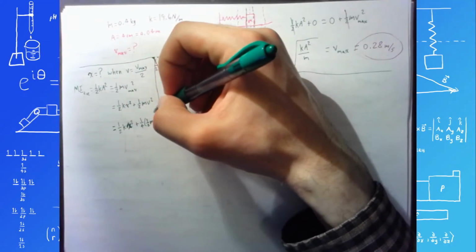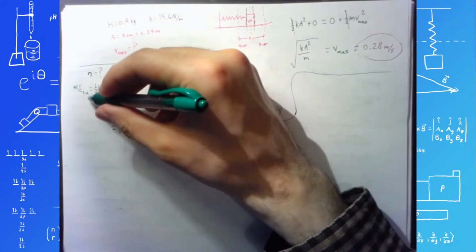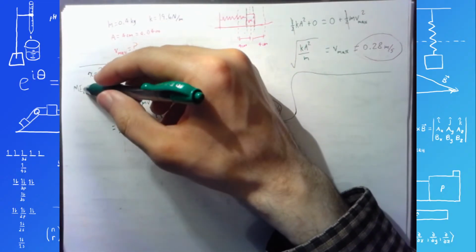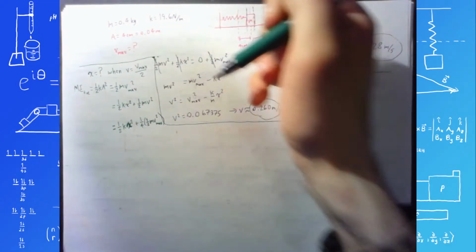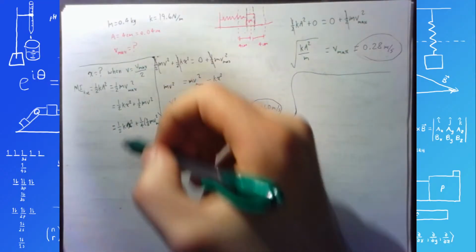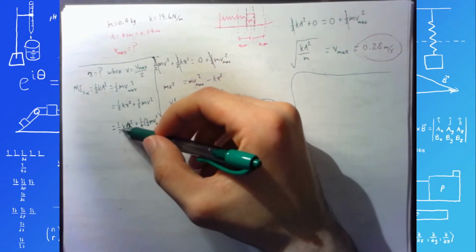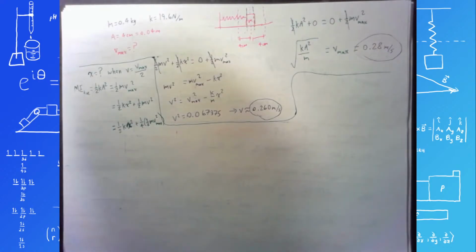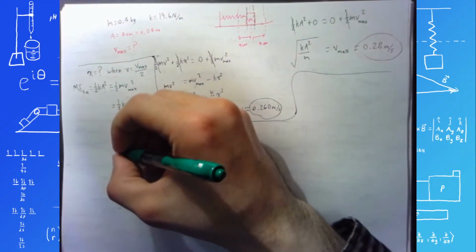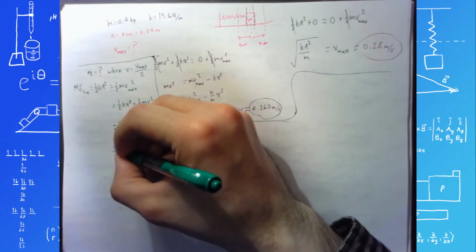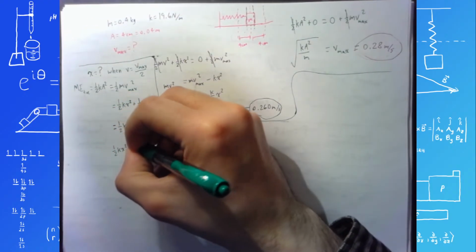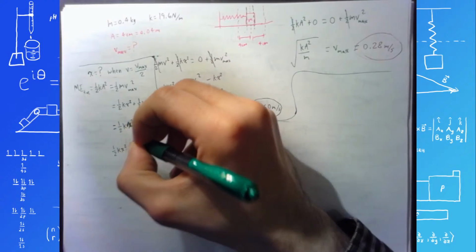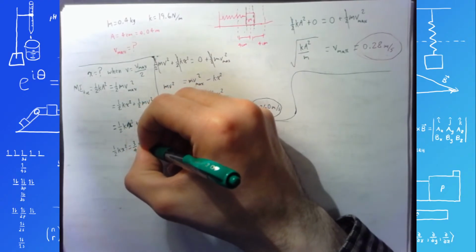That is 1/4 of the total mechanical energy, right? The total mechanical energy is equal to 1/2 mv max squared. So if this is 1/4 of the total, then this 1/2 kx squared is equal to 3/4 of the total.